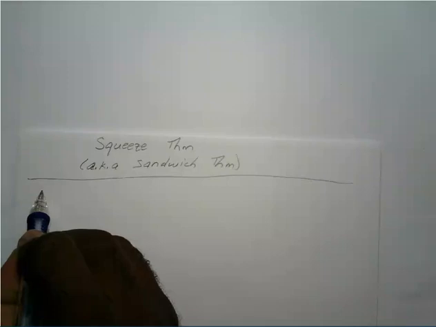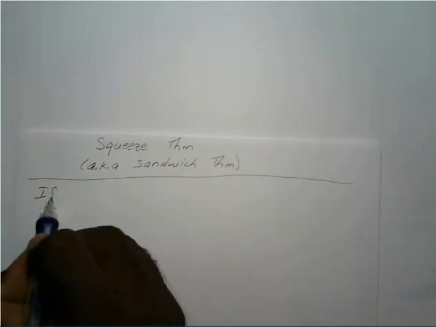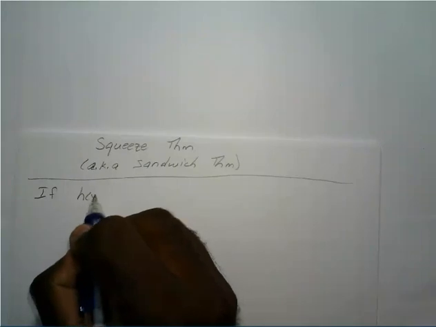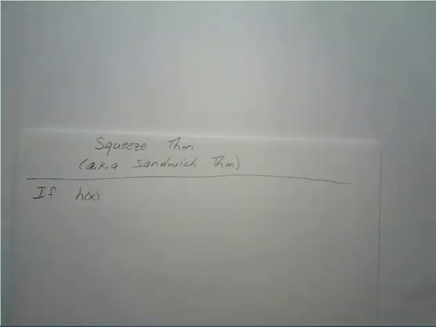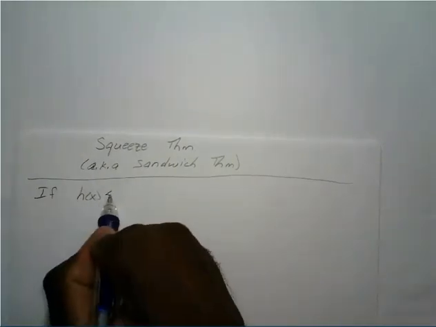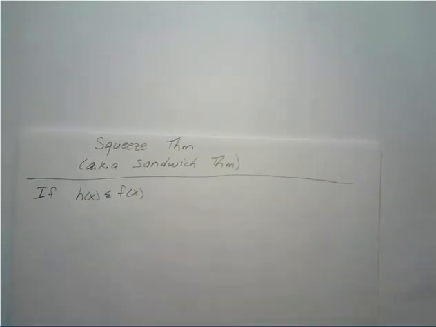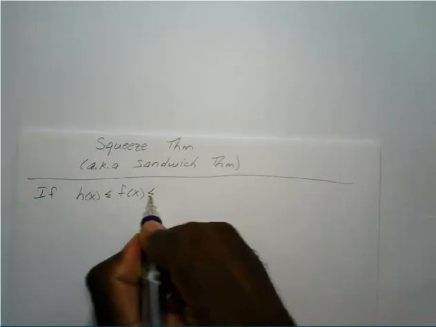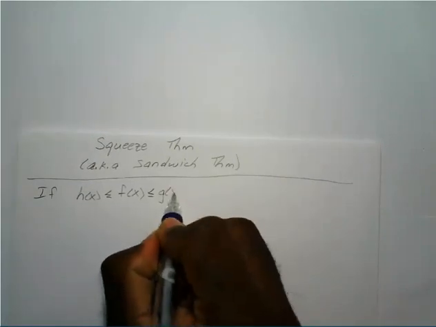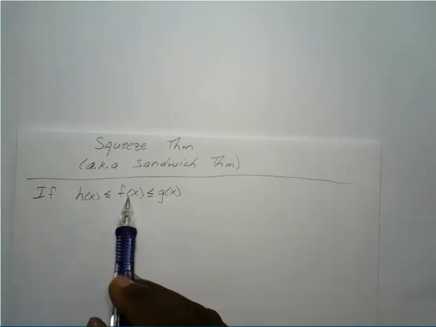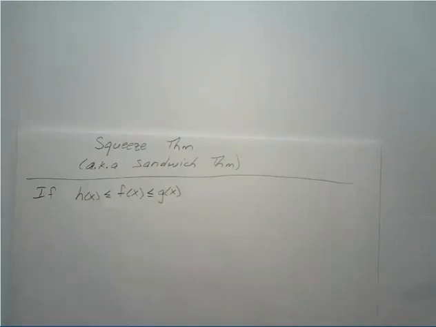Let's say you have three functions. Let's call one h of x, and that h of x is less than or equal to some function we'll call f of x, and that f of x is less than or equal to some function we'll call g of x. In other words, f of x is between h of x and g of x.